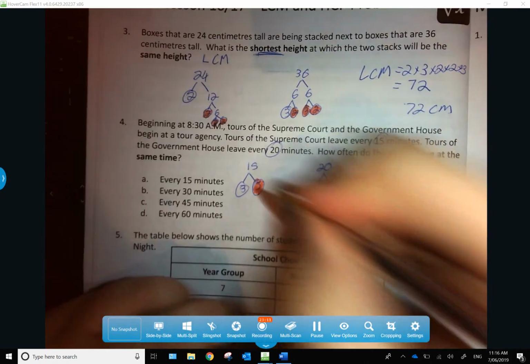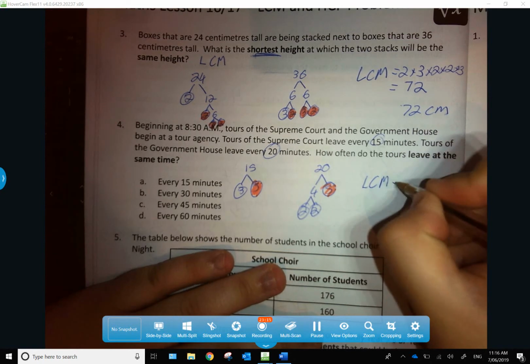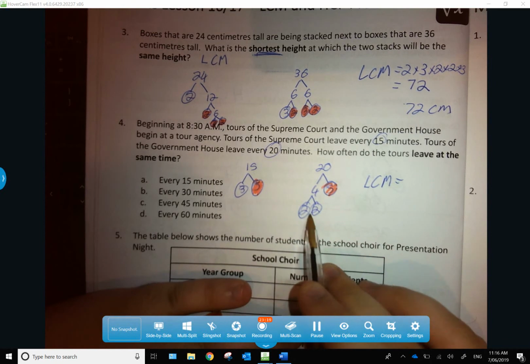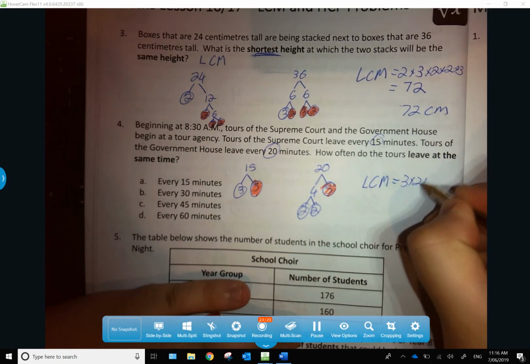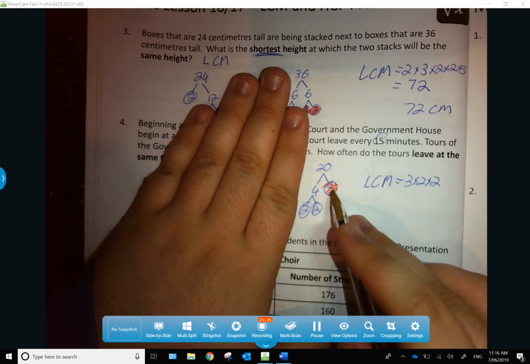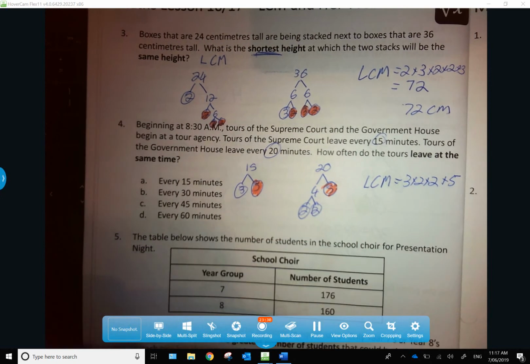How do I find the lowest common multiple? The lowest common multiple, LCM, is going to be, remember, all the unhighlighted bubbles, so 3 times 2 times 2, with all the highlighted bubbles. What highlighted bubble do we have here? We have a 5 in there. Okay.